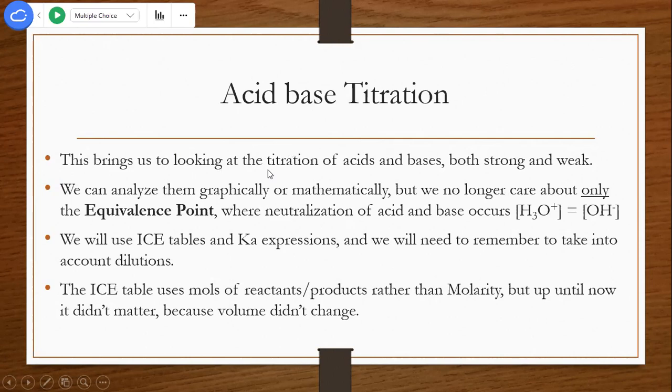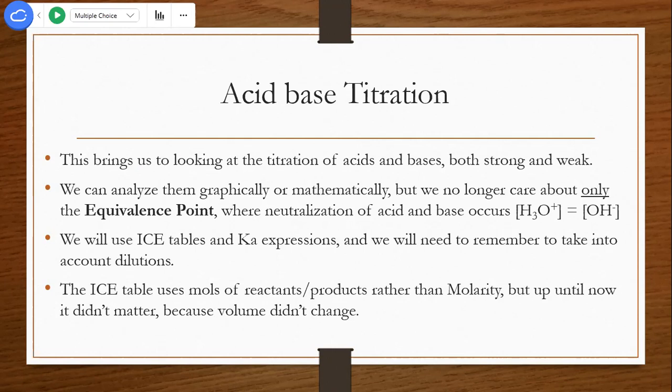But there are 2 last parts of this chapter, titrations and solubility product, which is at the very end. Acid-base titration is the crux of the last 2 or 3 labs we're going to be doing. We're adding acid to base to neutralize them.